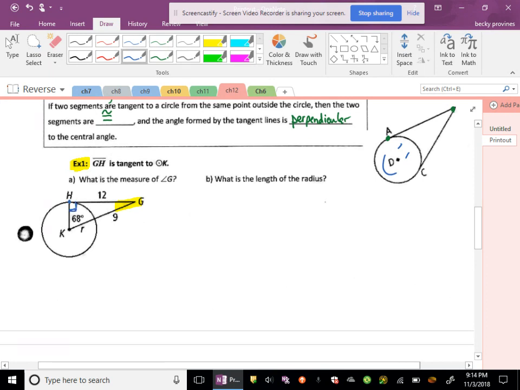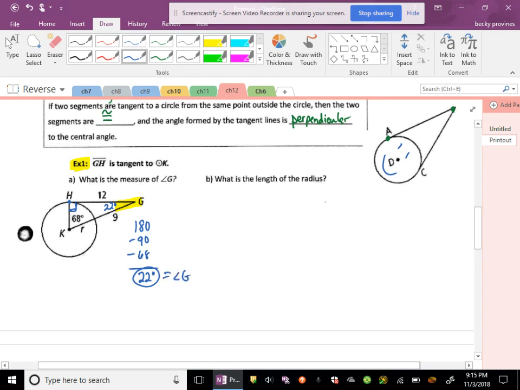So I can use the triangle angle sum theorem that says all triangles equal 180. And let's subtract away the 90 and the 68. So let's grab your calculator and subtract, and you should get 22 degrees, which is angle G.